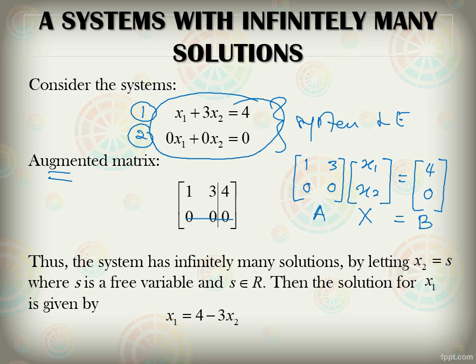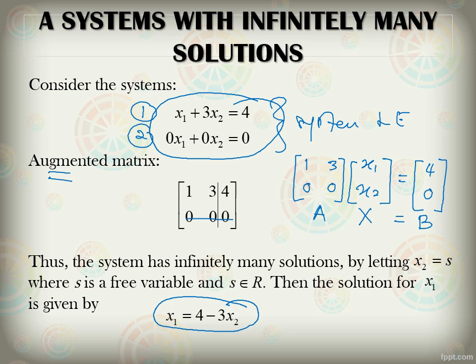If you take the 3x2 to the right hand side, you will have a linear equation like this. For this type of system of linear equations, x1 can be anything.